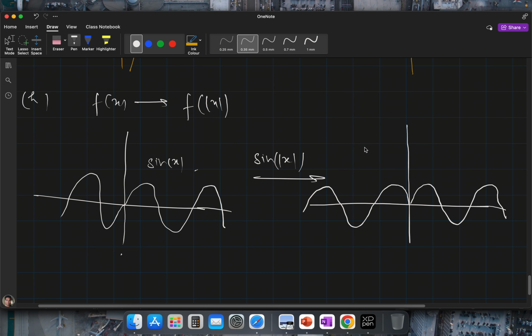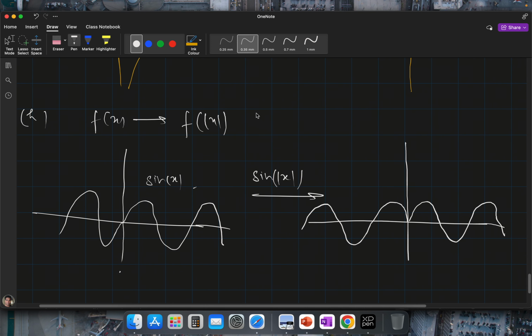So there will be a mirror image of the positive x-axis portion in the negative x-axis.